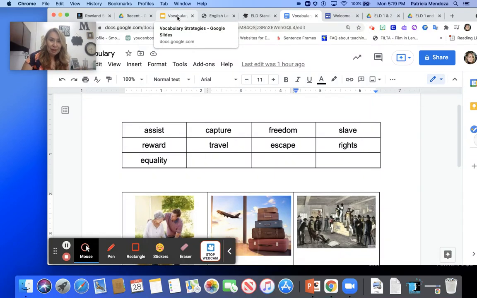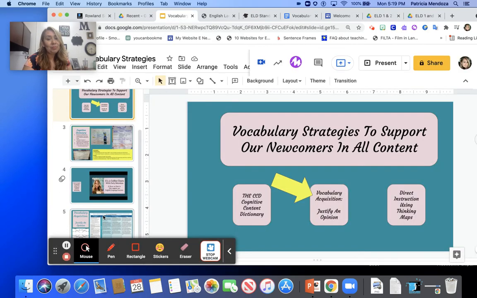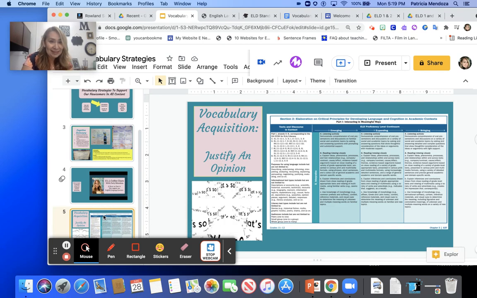So give them an opportunity to try this. And again, the focus is on justifying an opinion. I'm not looking for exact word meaning, but they're going to surprise you that they're going to be able to share with you what they know about big ideas.